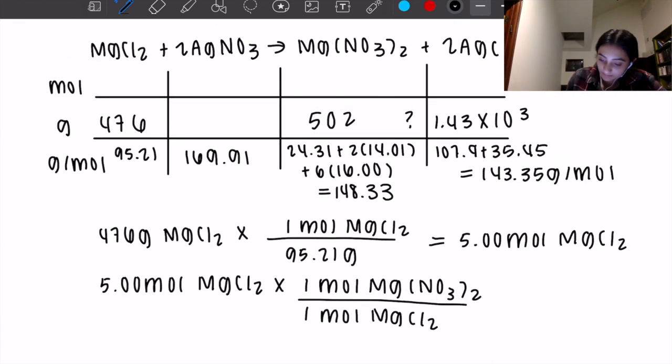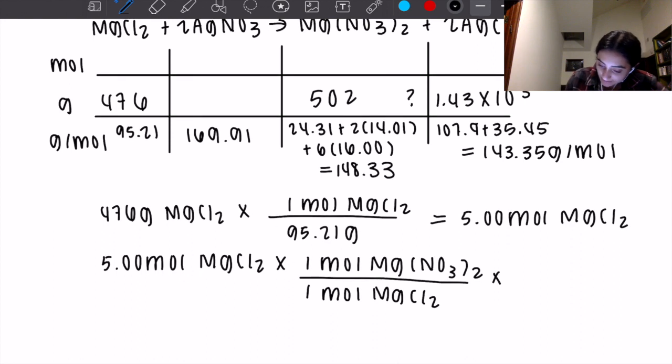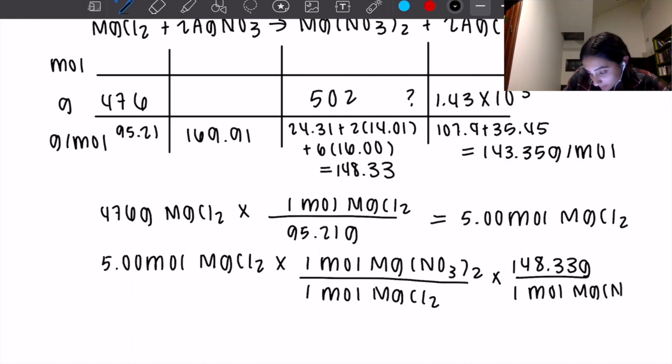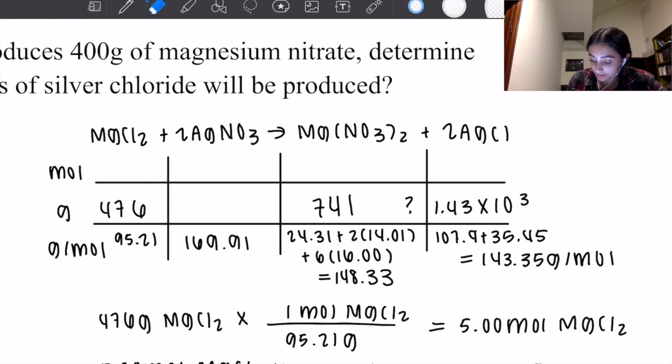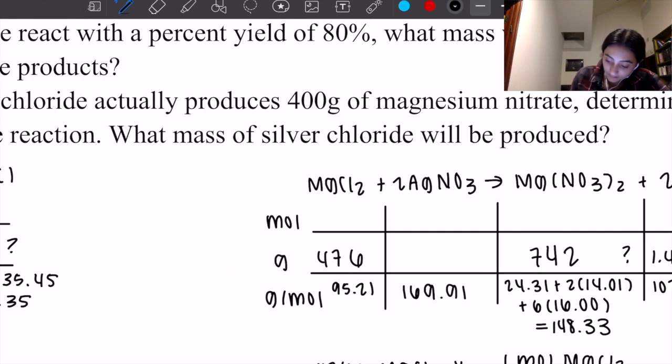So when we multiply by the molar mass of 148.33 grams per 1 mole of MgNO3, I get 742 grams of MgNO3, and that is the theoretical mass.